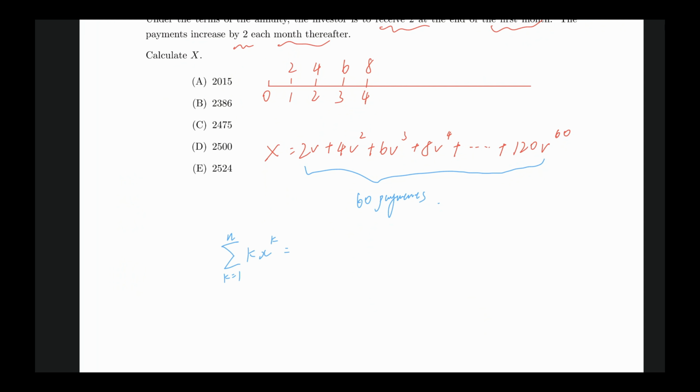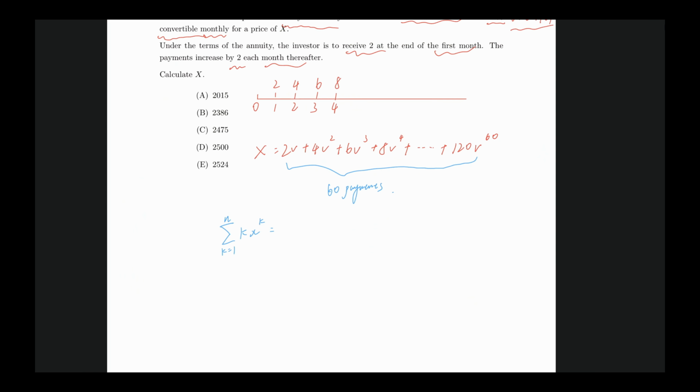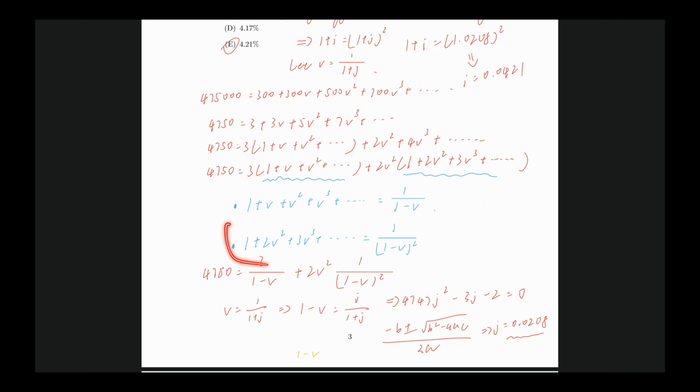I just want to present it to you if you want to do this in a faster way. If you don't want to have the formula, you can again just use the old trick. If we go back to here, this is infinite, so actually you cannot do that. But if this is finite, then you can again use the old trick.